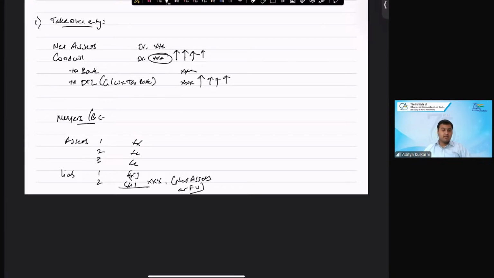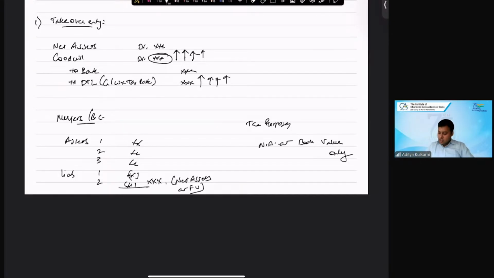Are we okay with this? Yes, sir. But for tax purposes, net assets at book value. Net assets at book value only. Yes? Are you able to follow? Yes, sir. Net assets at book value only.